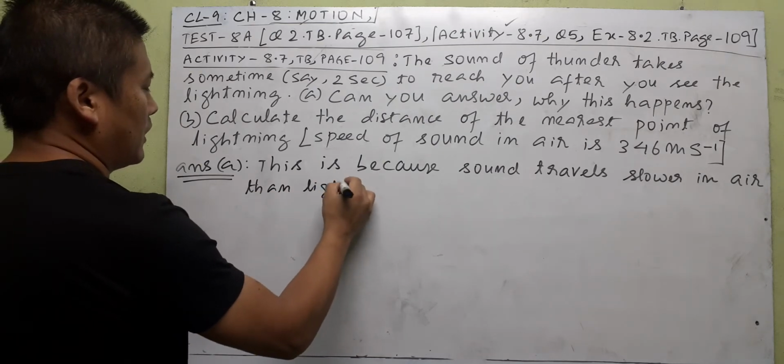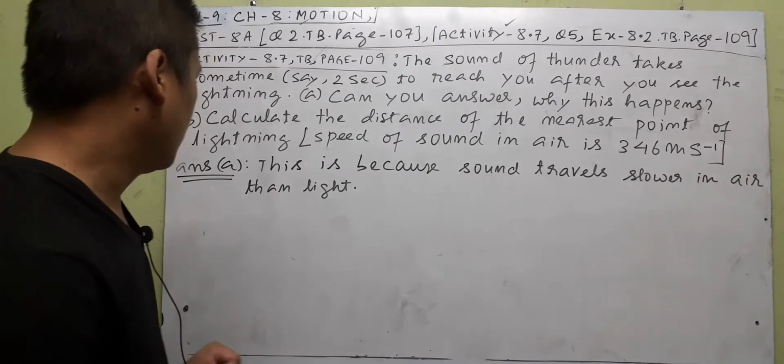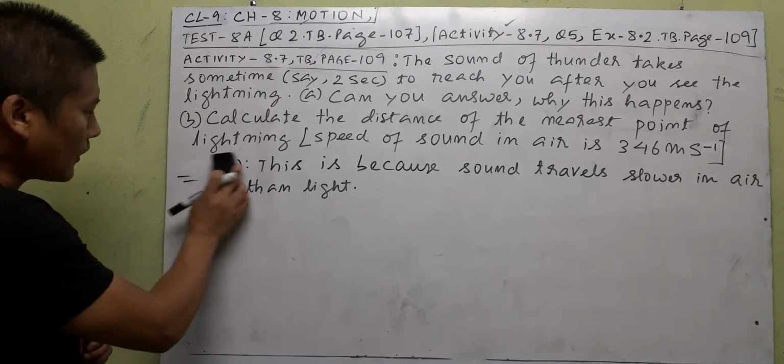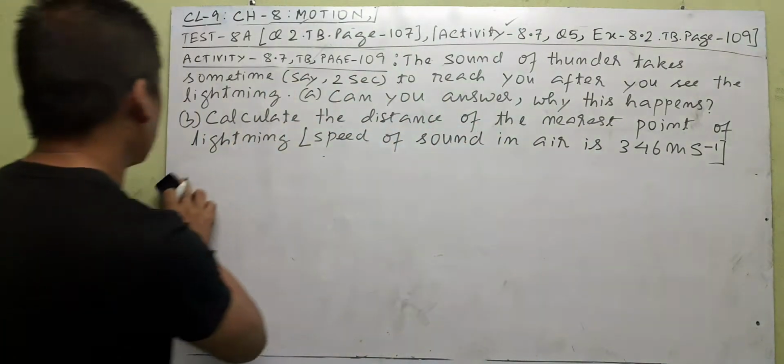That is why you are hearing the thunder only after you see the light. That answers your question. I hope you got it. Now let us go to the next one, B, which is the numerical.